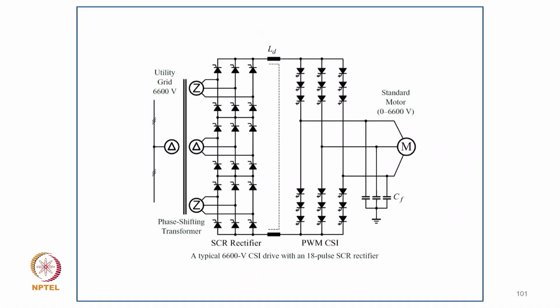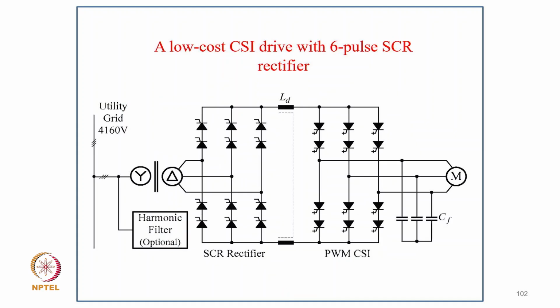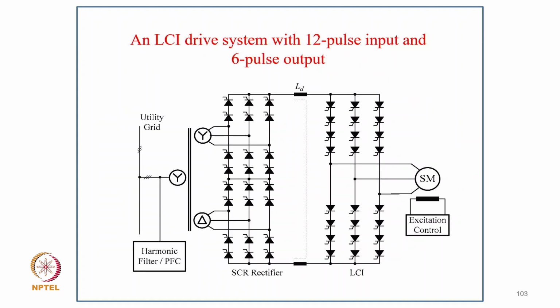And then we use a typical 6.6 kilovolt CSI drive with the 18 pulse thyristor converter to reduce the harmonics on input, and a number of series connected GTO pendulum CSI for the output. Or typically a low cost CSI with a 6 pulse thyristor converter with harmonic filters, and on the output with the pendulum GTO based converter.